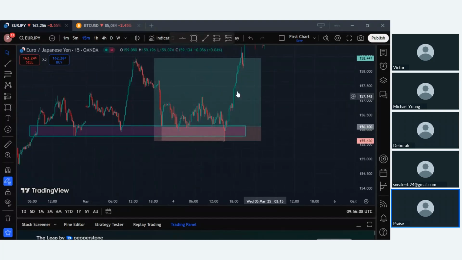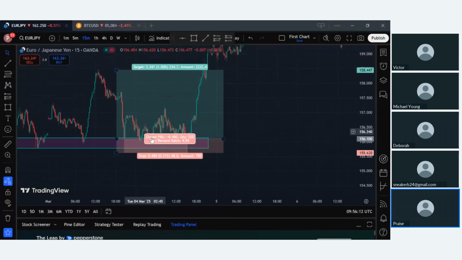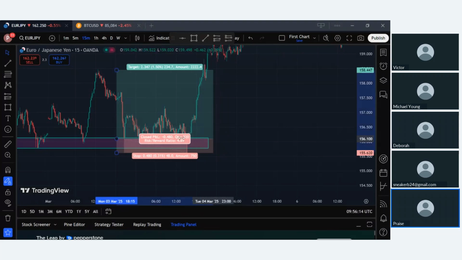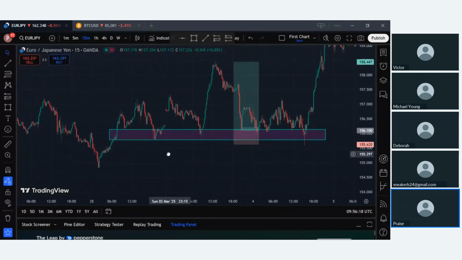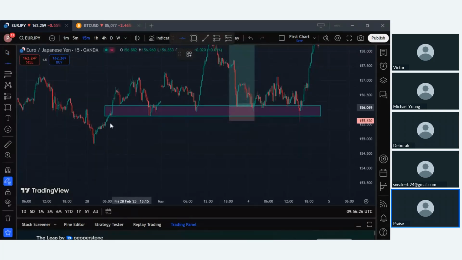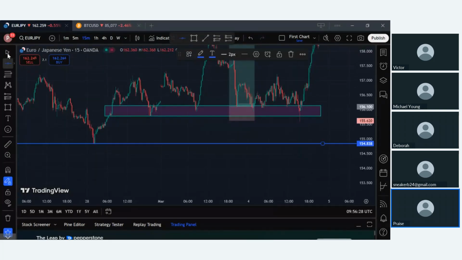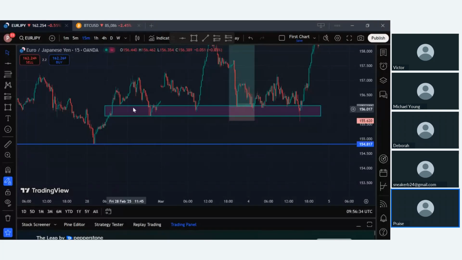So how do you combat all these challenges? This is how you do it. First, we have spotted our support zone. We want to look, is there any move before this support was formed? Yes, this is the move, and the lowest point of this particular move is this point. Now we have support here.